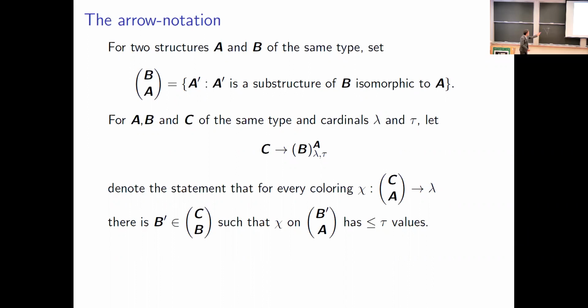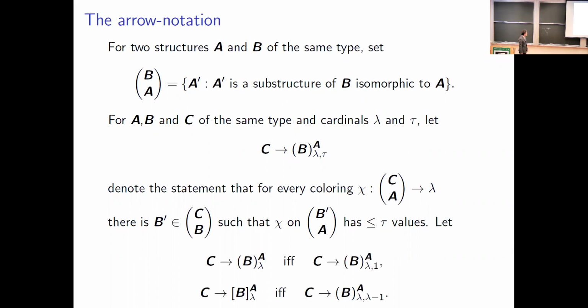Okay, so there's the standard notation: if you color with lambda many colors, you can shrink it down to tau colors. And there's that square bracket notation. This is interesting. This was invented by Erdős, Hajnal, and Rado in the '60s, purely on theoretical grounds for cardinals.